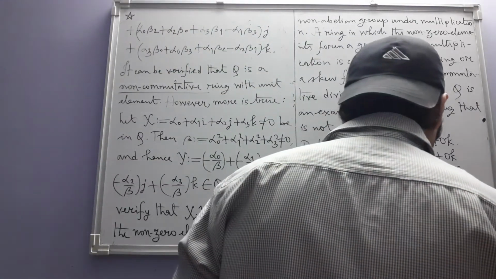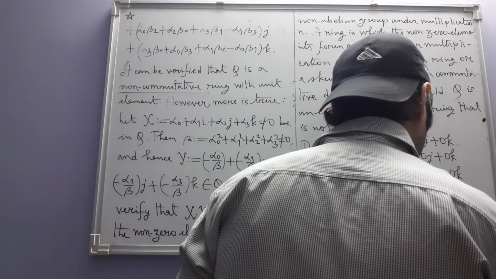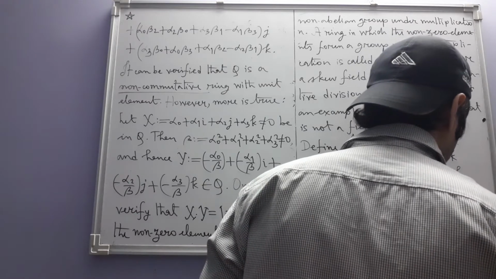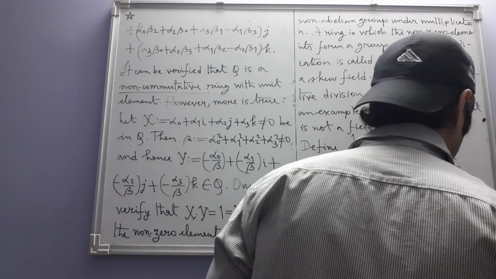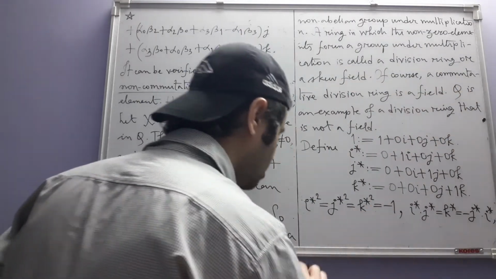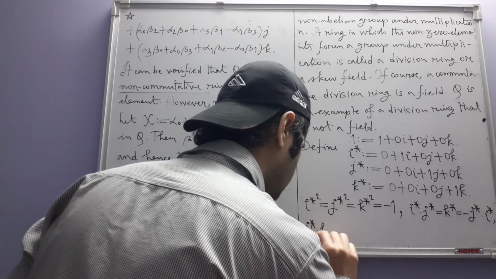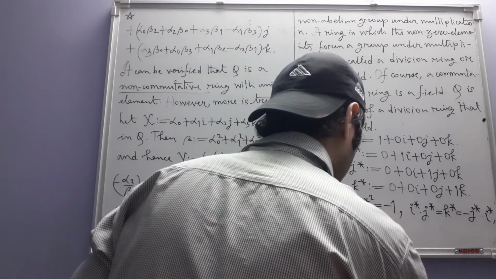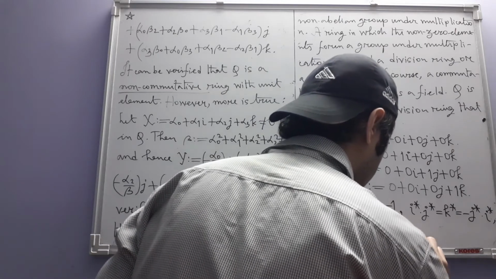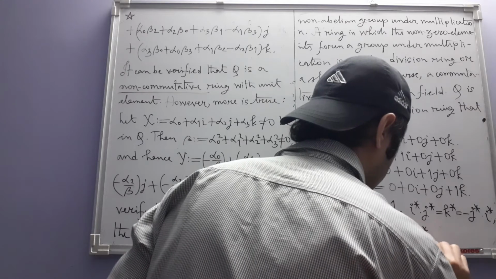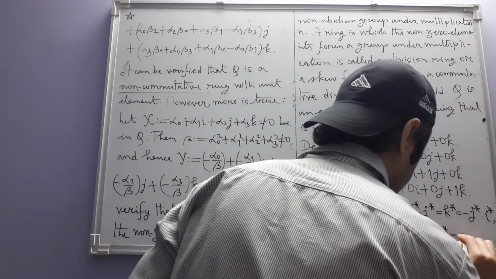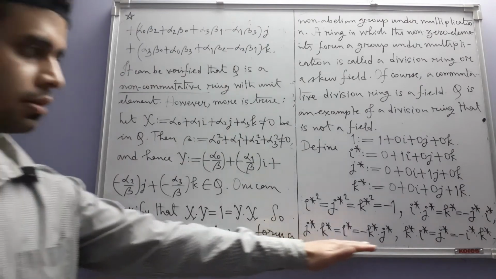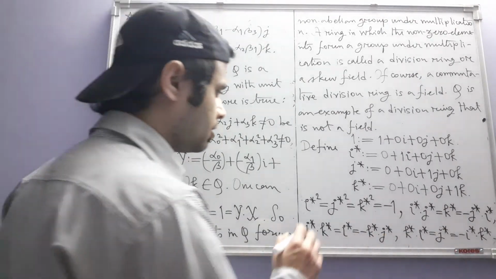Along with that, i star dot j star is k star, which is also equal to minus j star dot i star, and like that there are two more. j star dot k star is i star, which is minus k star dot j star, and k star dot i star is equal to j star, which is minus i star dot k star.